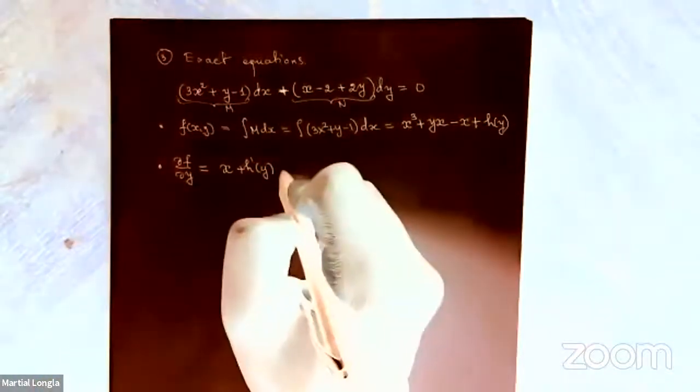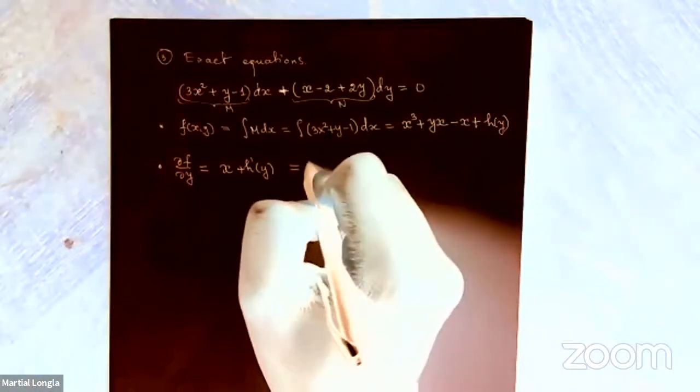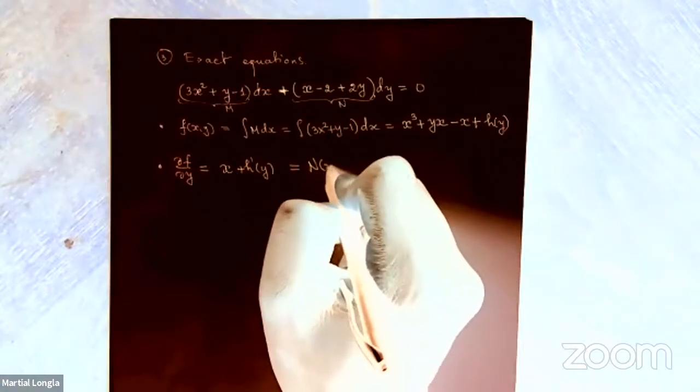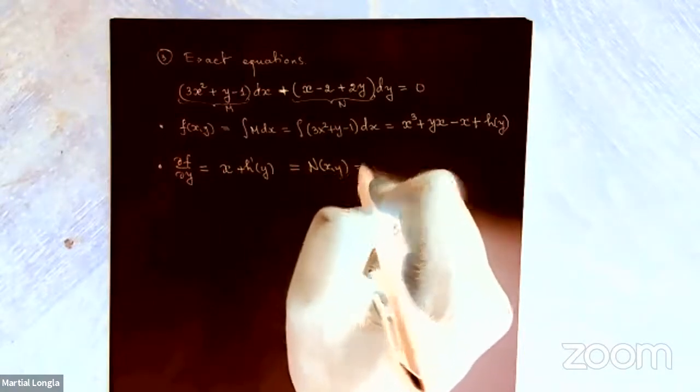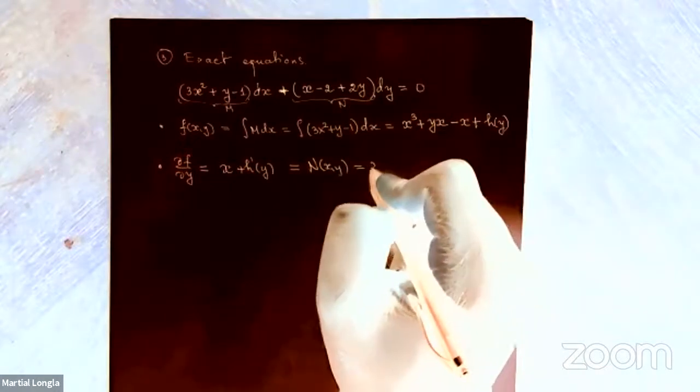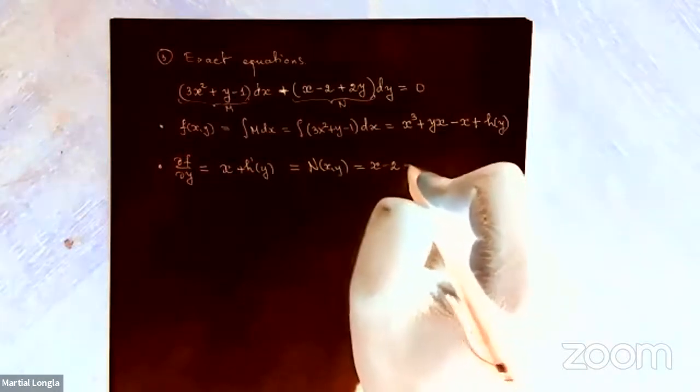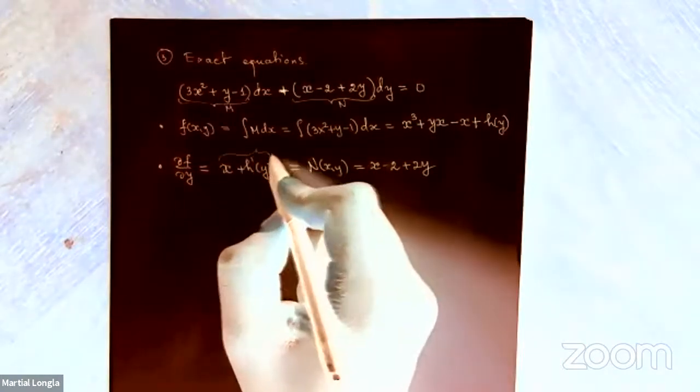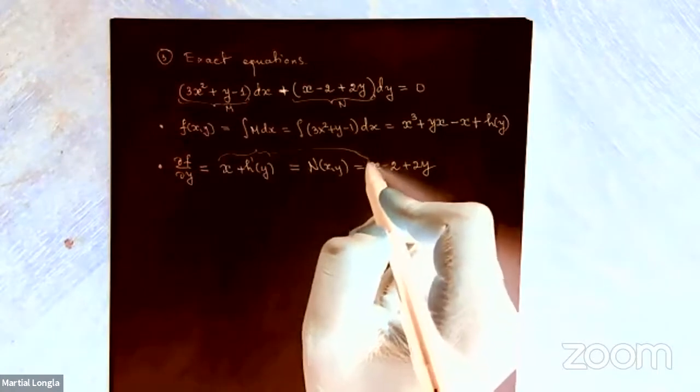And the method says, set this derivative equal to n of xy, and n is given in the equation, that is x minus 2 plus 2y. So this equals that.